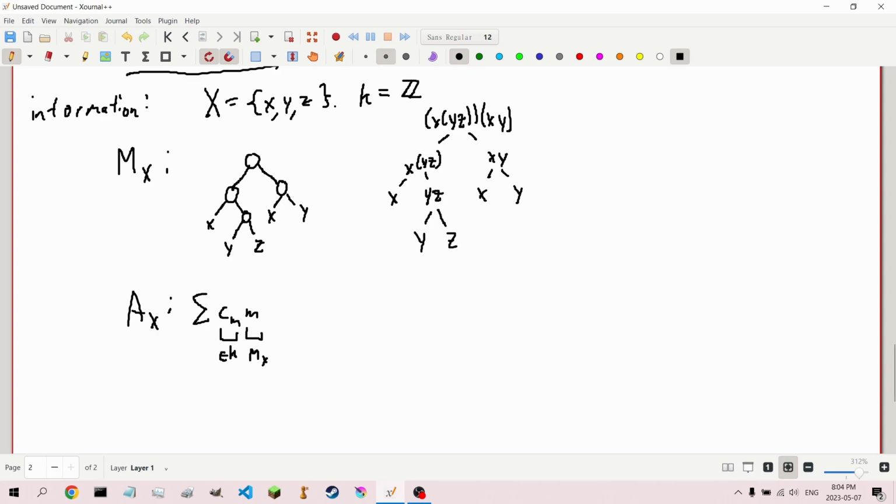So in this case, it could look like 3x plus 5 (x, y), z, minus 7, right? So essentially you have some number and then some element in your free magma.